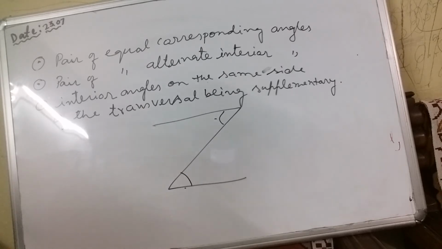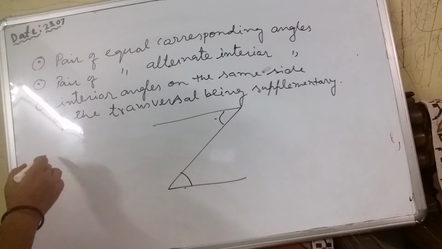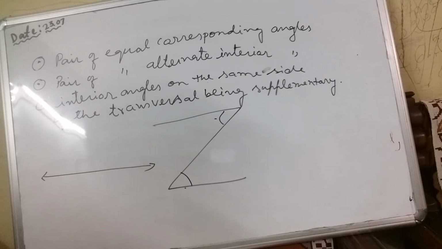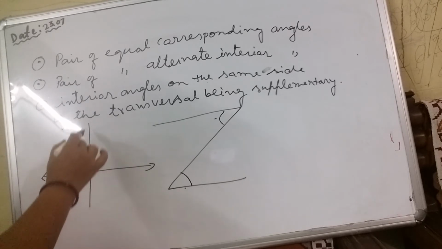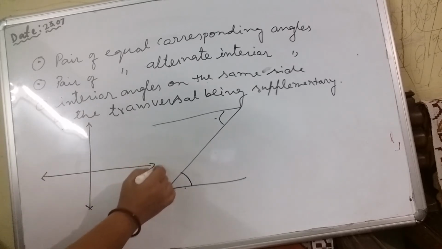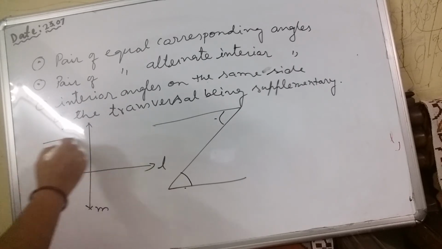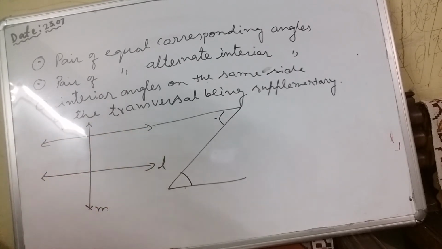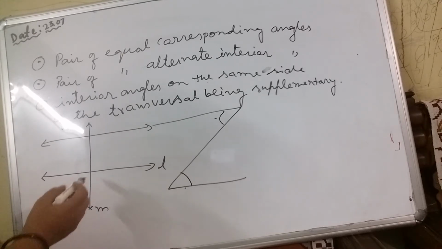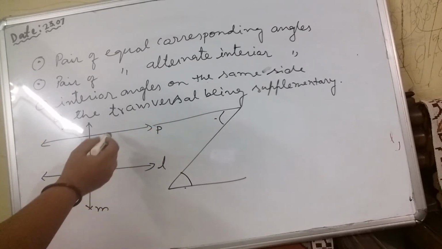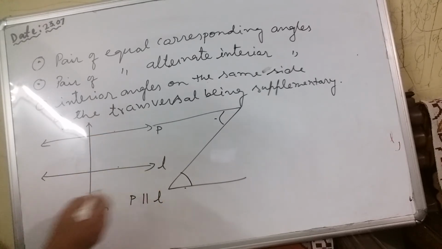When a transversal cuts two lines such that a pair of alternate interior angles are equal, the lines have to be parallel. Let's draw a line, this is L. Draw another line M perpendicular to L. Now again draw a line P such that P is perpendicular to this line M. You find that P and L are parallel.